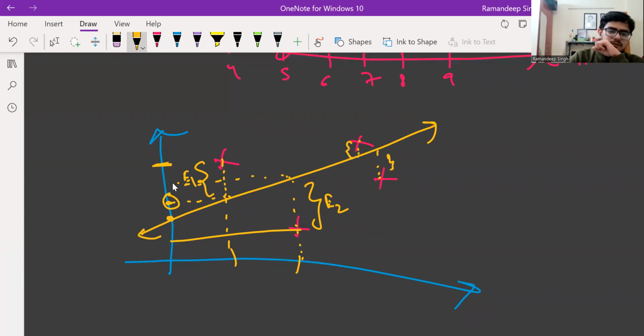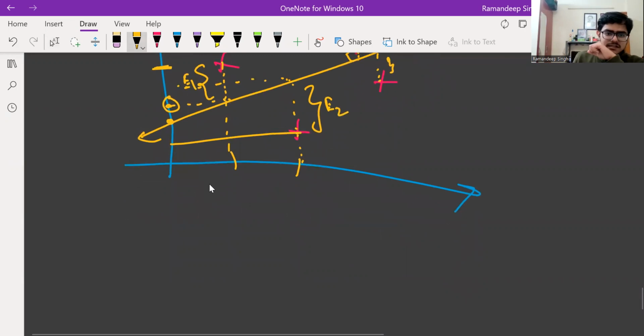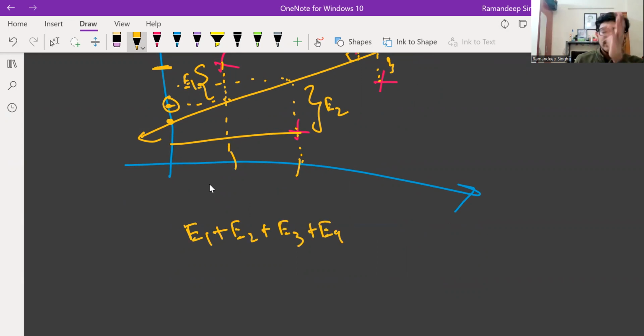Similarly, these terms are my errors. So what is my total error? E1 plus E2 plus E3 plus E4. Not total error, but these terms represent the errors I am getting in my model. And as a data scientist or as a statistician, I want to reduce these error terms.